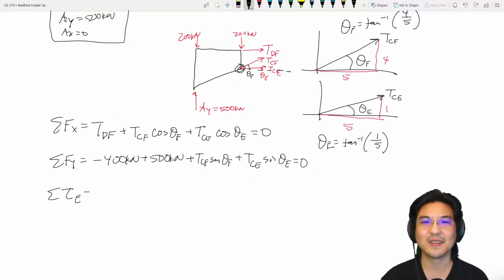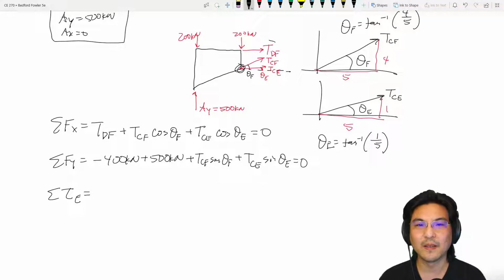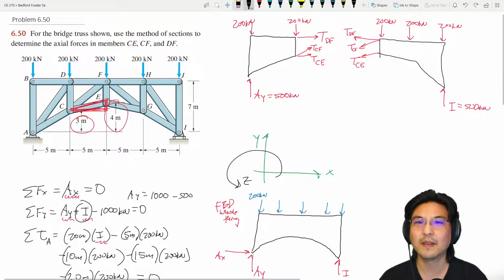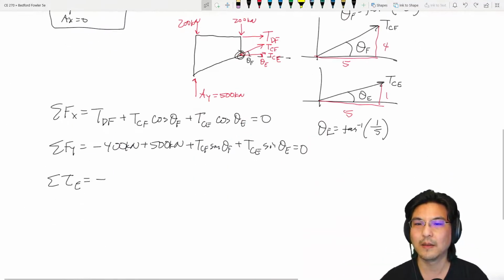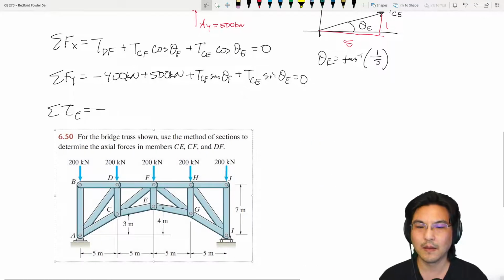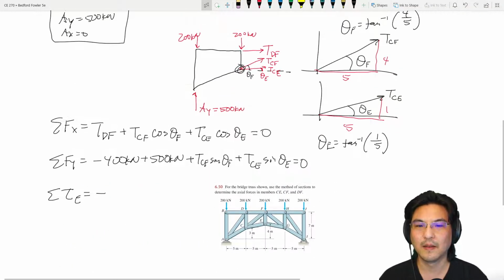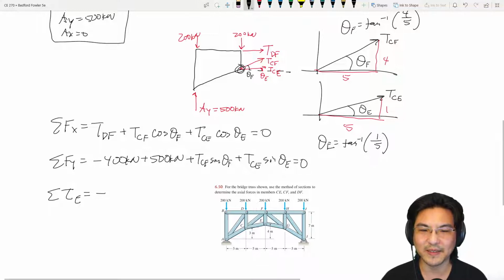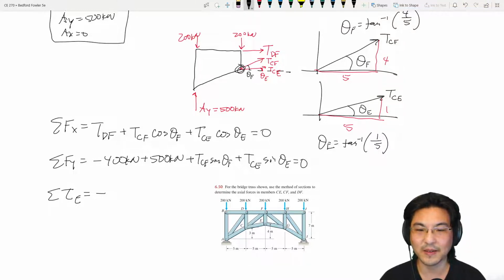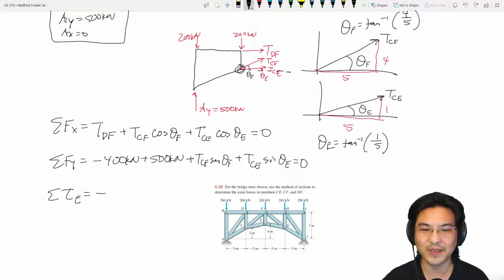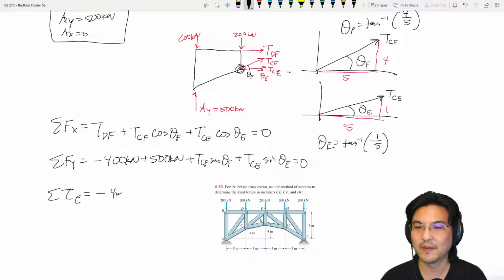So that's nice. There's torque from this force, and that's going to be going clockwise, which is negative. So negative, and I need to know how tall that is. That height is 7 minus 3, which is 4 meters, times TDF.